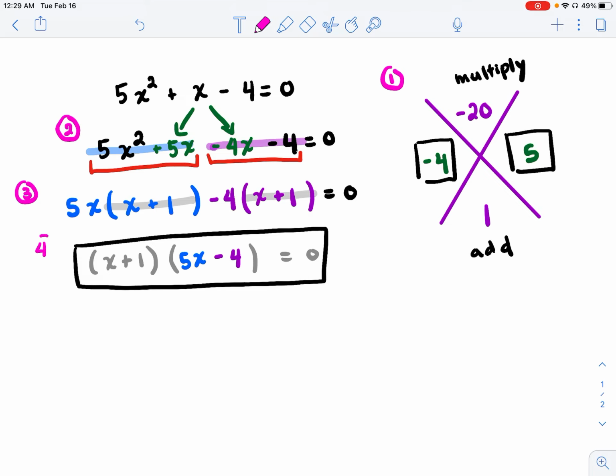My step 4 is that after I group them, I should have an expression as a GCF that I can factor out. So you'll notice I'm doing GCF twice. In step number 3, I'm finding the GCF of each group. And the fourth step is finding an expression that both of these groups have in common, which is x plus 1.